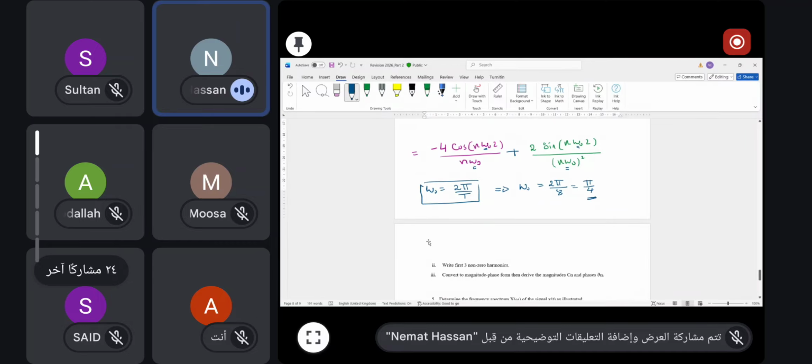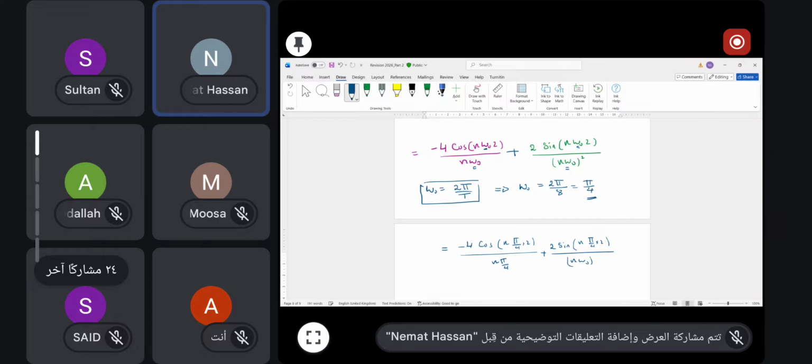So it will be equal to minus 4 cosine n pi over 4 times 2 over n pi over 4 plus 2 sine n pi over 4 times 2 over n pi over 4 squared.